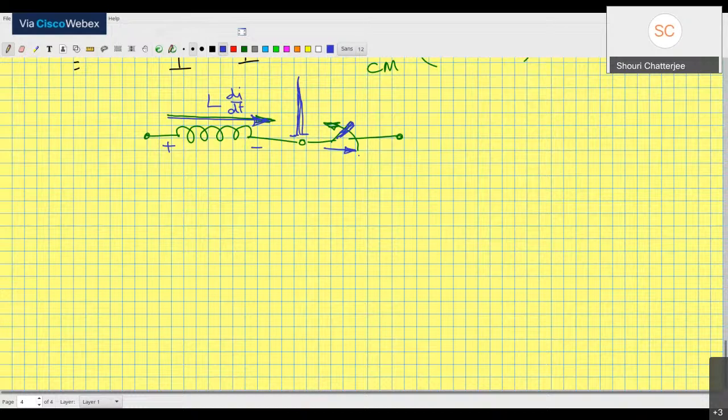So this is when you throw in something called a freewheeling diode, which is basically a diode in feedback. This diode is normally not doing anything, it's reverse biased. When this side is plus and this side is minus, this diode is reverse biased.